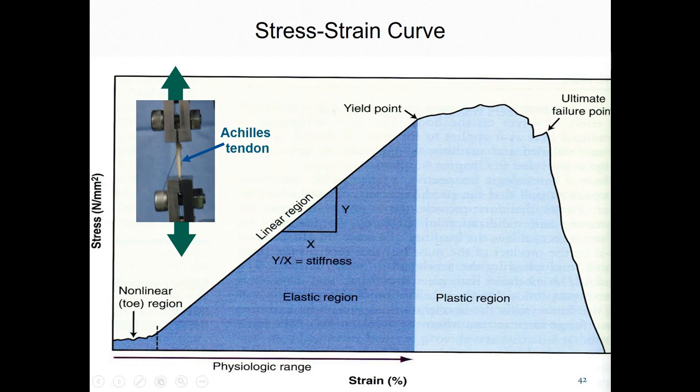So here what we see is that in order to calculate the stiffness of a tissue, we look within its elastic region of behavior, and we look at the ratio between how much change in Y we get relative to X. So when we get a certain change in stress and we divide it by the change in strain that we get, that gives us a value that we call stiffness, and that we also refer to as Young's modulus.